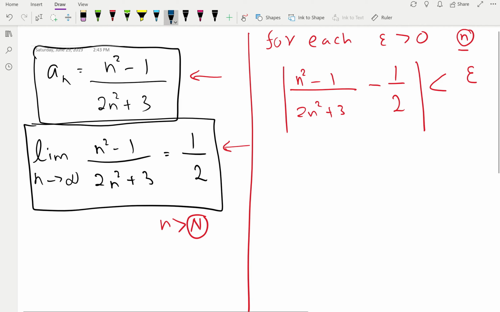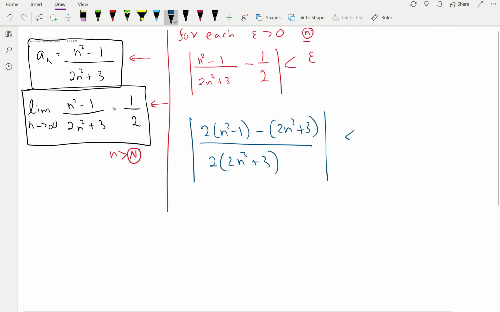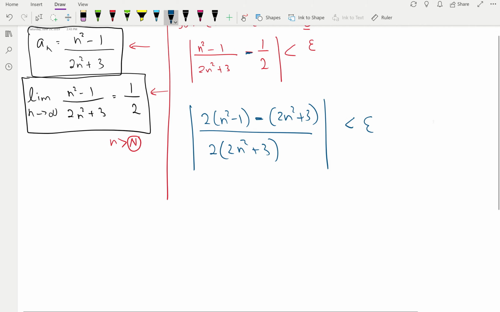Perfect. So let's simplify what we have inside this absolute value. The common denominator is going to be 2 times 2n square plus 3, and this will be 2 times n square minus 1 minus 2n square plus 3. Now I would be careful with the subtraction here.